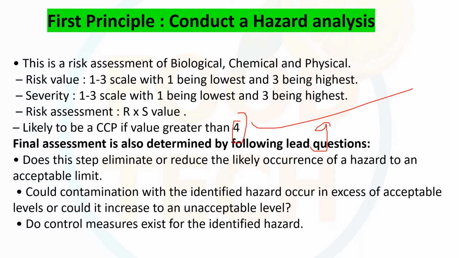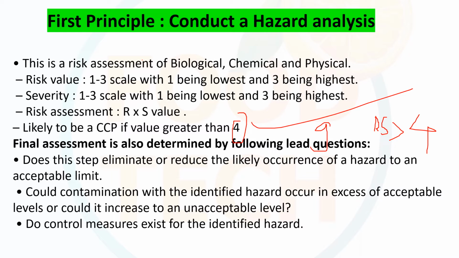So here we can say that if RS is greater than 4, the risk is at a huge stage, and it might hamper human health.